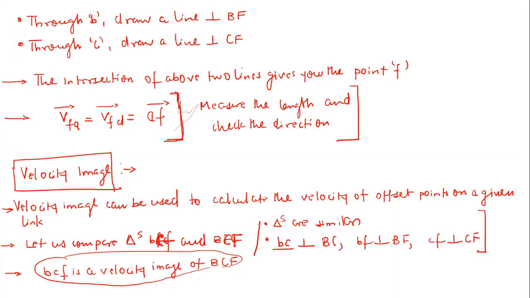See, if the interview asks, you won't be able to describe this in this way, right? So you need a proper statement to define this velocity image. So let me mention a few important points.